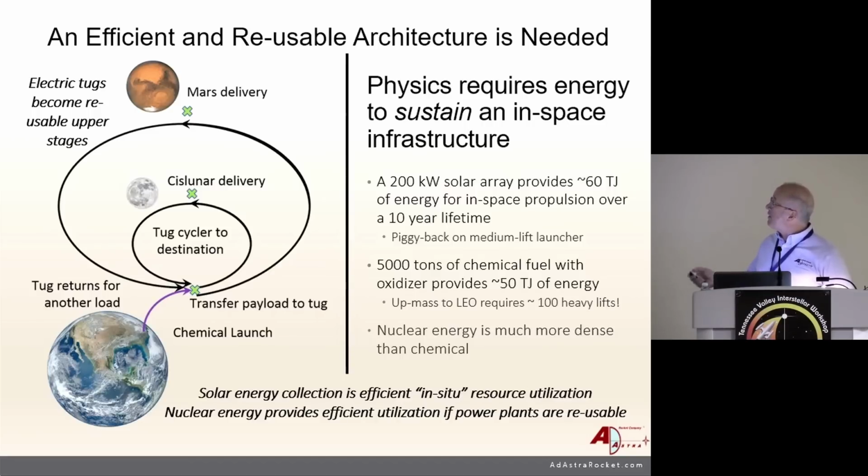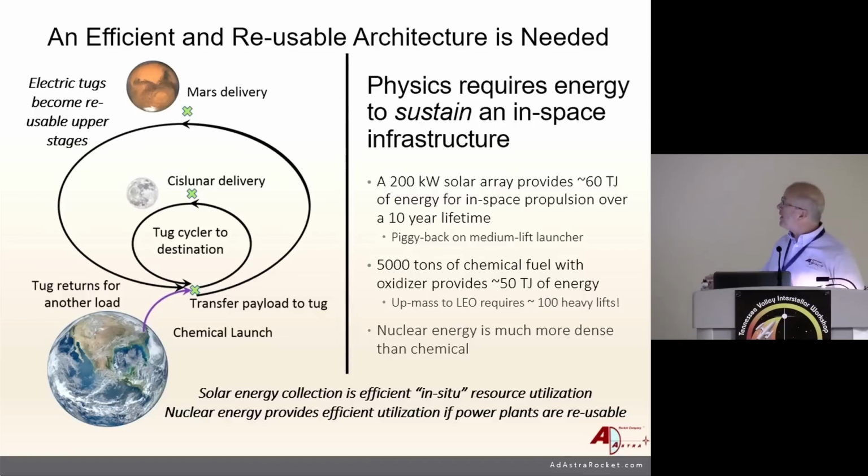A little bit of interesting facts is that a 200 kilowatt solar array provides about 60 terajoules of energy in space over a 10-year lifetime. And so you can piggyback that and get that up with a medium lift launcher. It's easy to get in space by today's launch standards. 5,000 tons of chemical fuel with oxidizer provide about the same amount of total energy.